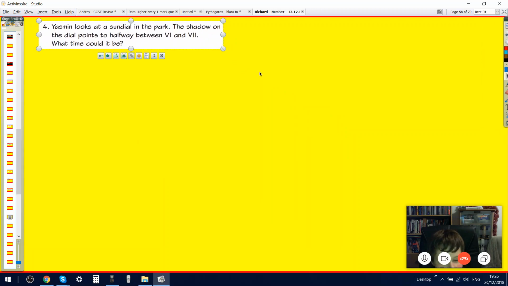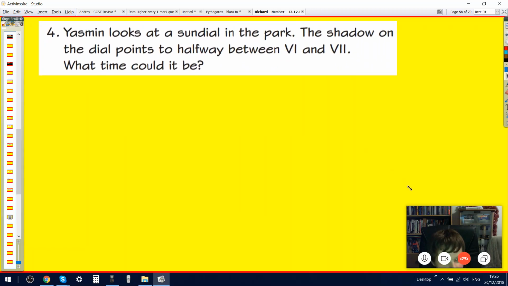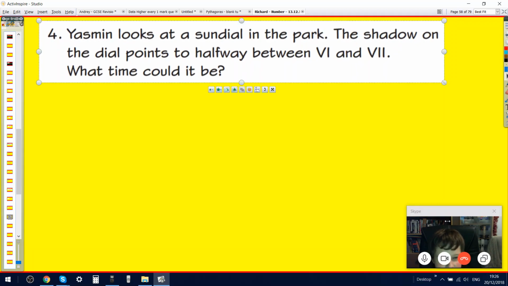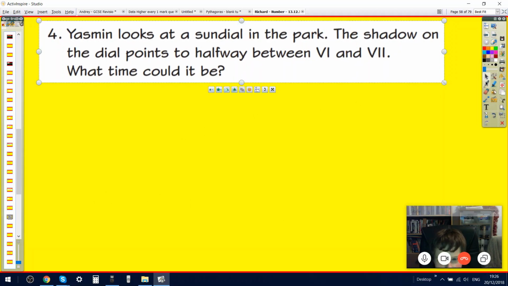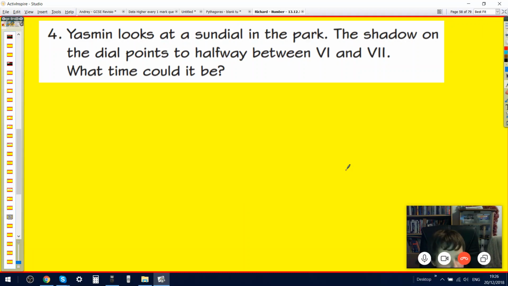Okay, let's try this. Yasmin looks at a sundial in the park. The shadow on the dial points to halfway between VI and VII. What time could it be?